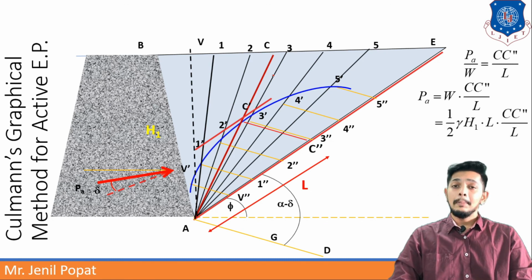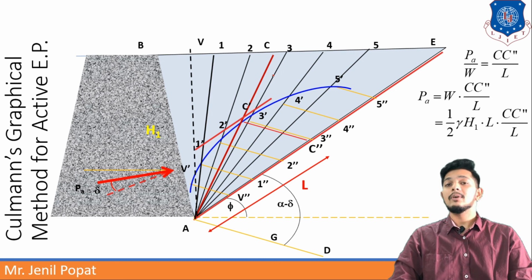Now W can be written as 1/2 gamma H1 into L. Right? What is this W? W is nothing but the weight of the retaining wall, and weight here means area of the graph.